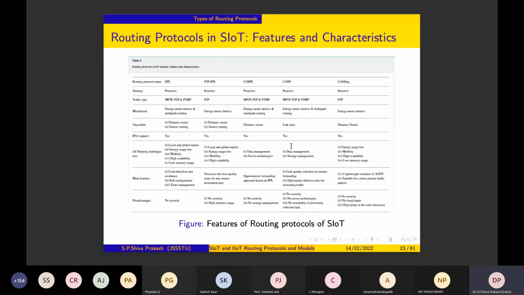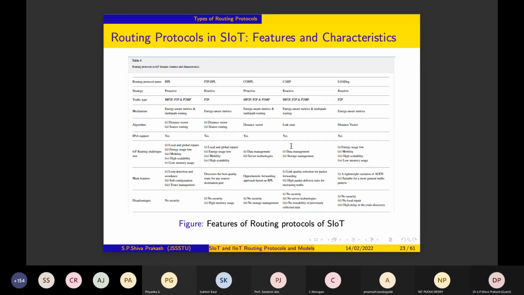If you try to summarize the existing protocols, RPL, P2P-RPL, CORPL, or LOADng, the strategy that most of them use is a mixture of both reactive as well as proactive protocols. Here you have a different set of protocols, and all these protocols support IPv6.